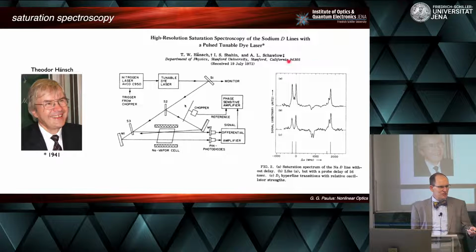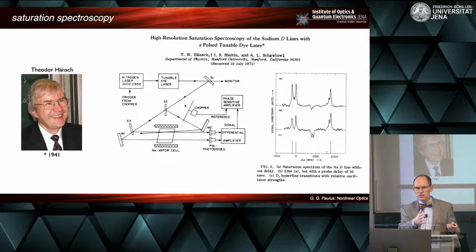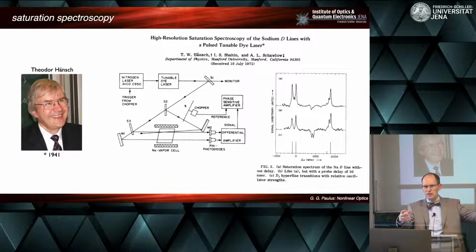Yeah? So you use a tunable laser. Of course, for laser spectroscopy, you would use a tunable laser, right? But if you do it in the regular way, then you just tune the laser through the resonance, so the setup is quite simple. You take a laser, you take your sample, and you put a photodiode behind it.